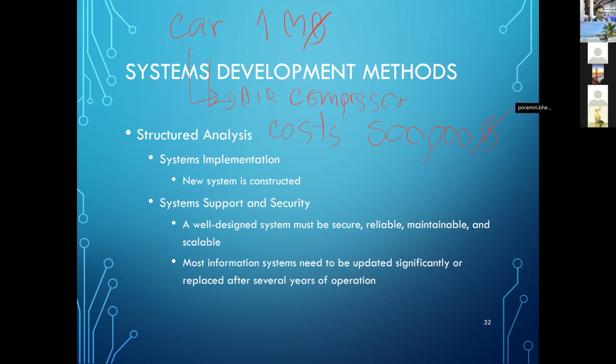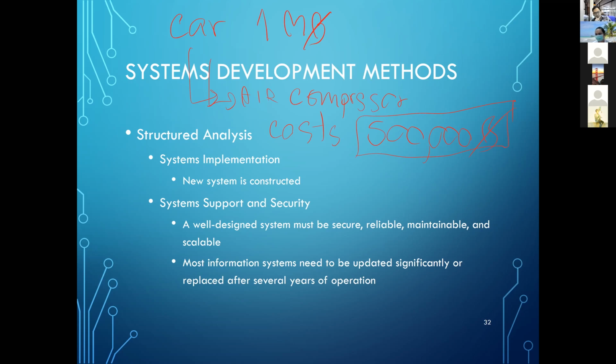Do you think that is too expensive, 500,000 for an air compressor for the car? It's too expensive, and I'm sure you will not be happy if the air conditioner is broken and they say you have to pay 500,000 baht for it. It's the same as the information system.